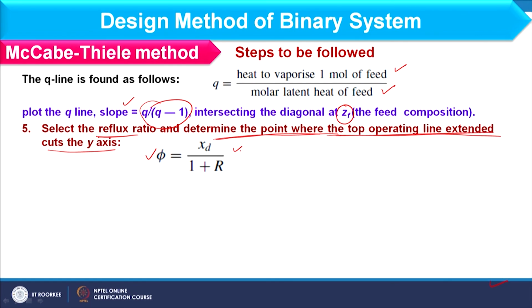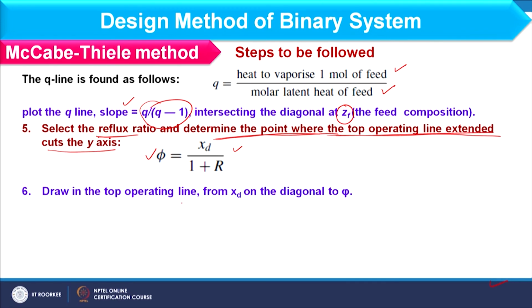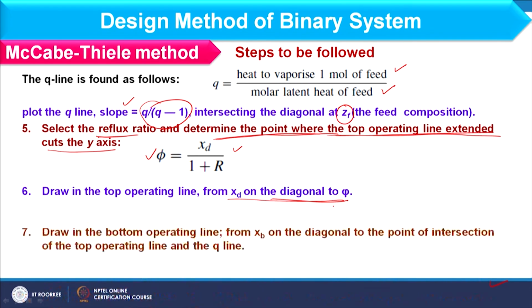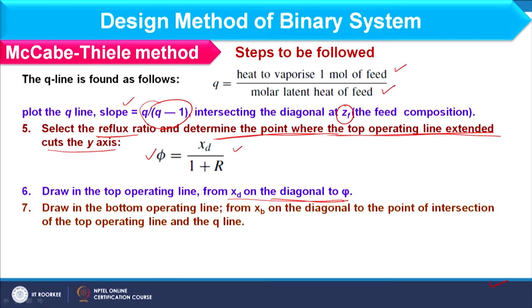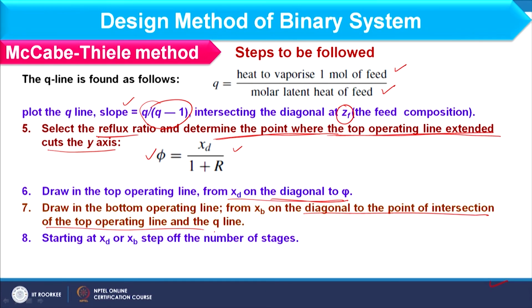So, we need to consider the reflux ratio and then draw the top operating line from xd to the diagonal, and draw the bottom operating line from xb to the diagonal to the point of intersection of the top operating line and the Q line. Okay. Then starting from xd to xb step off, and that should be the number of stages.